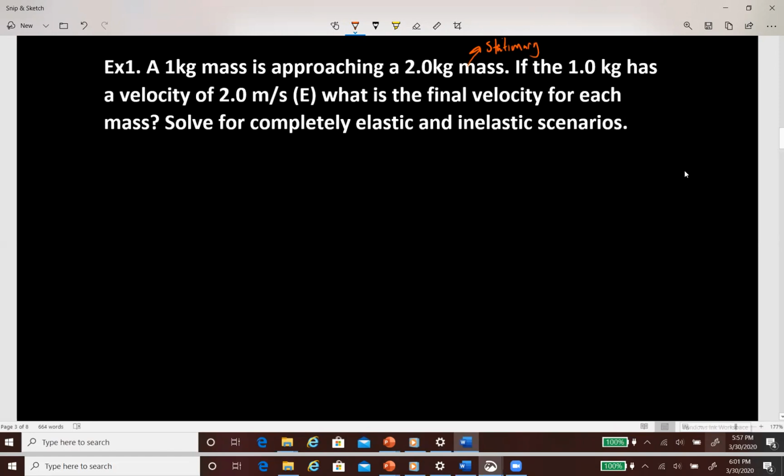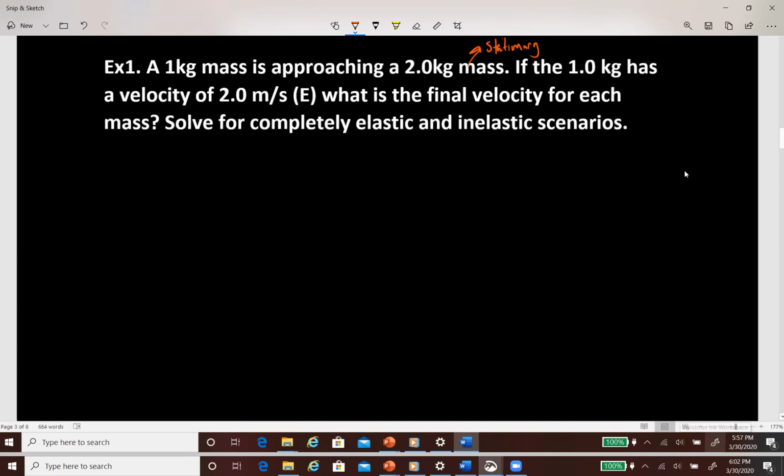Now we're going to do two scenarios. One is where it's completely elastic, and the other one where it's completely inelastic. The difference between the two is in the completely elastic, the kinetic energy is also conserved, whereas in the inelastic scenario, it's not conserved because some of the energy goes into maybe causing the objects to crumple a little bit.